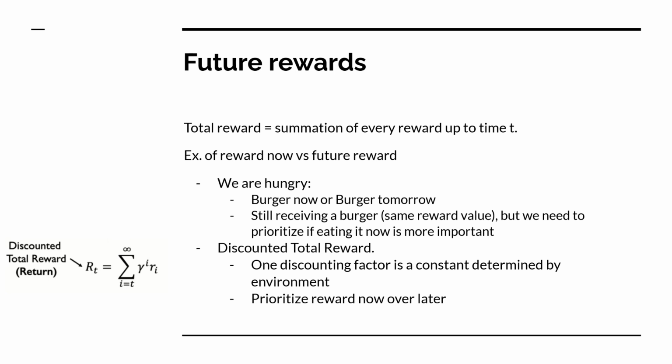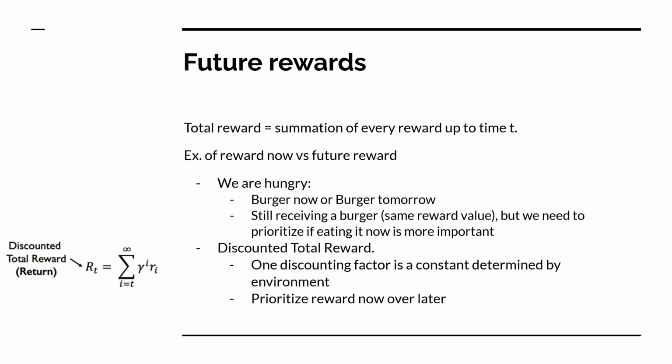Now, how do we implement something like this, right? So now, the reward function alone is essentially just the summation of every reward at a given time. Okay, that's essentially the total reward. However, with future rewards, we have to prioritize getting a reward now rather than later.